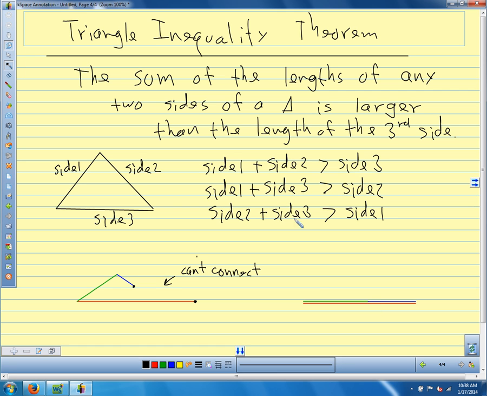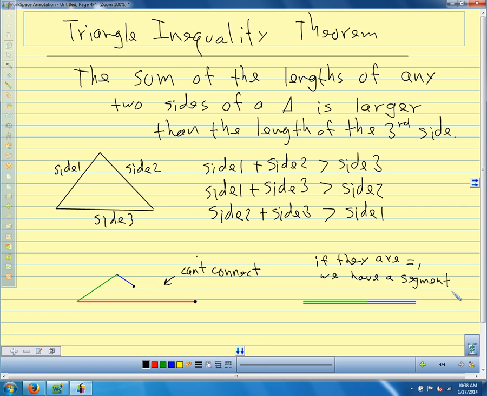So, if they're exactly the same, we just have a segment. They end up laying flat on top of that third side. So that's why they have to be greater.